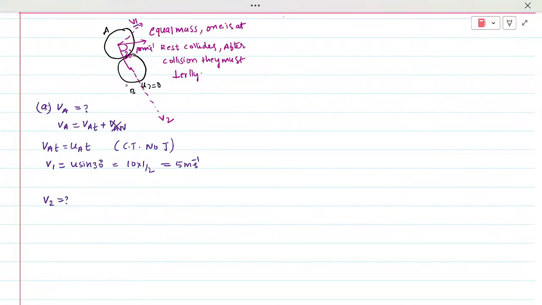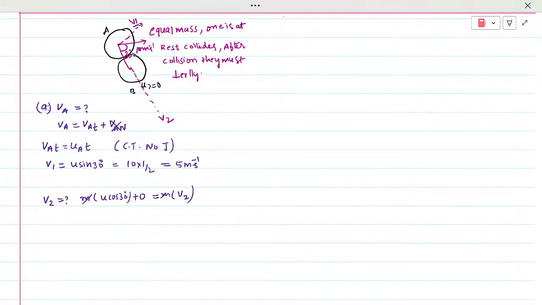If you see here, conservation of momentum along the common normal, I will take V2 to find out. Along the common normal, the system's momentum, meaning both particles, is conserved. All are equal mass only now. Therefore m into the initial velocity along the common normal, u cos 30, plus 0 is equal to m into v along the normal, v2.